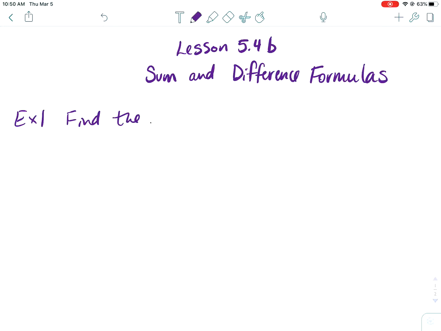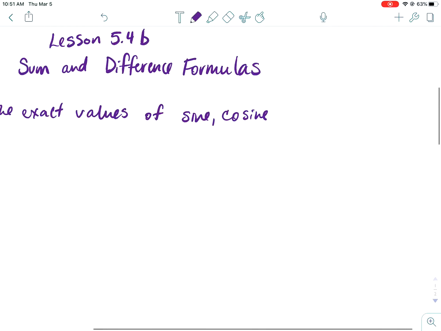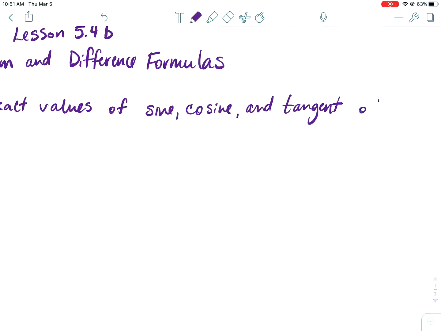We're going to find the exact values of sine, cosine, and tangent of 75 degrees.